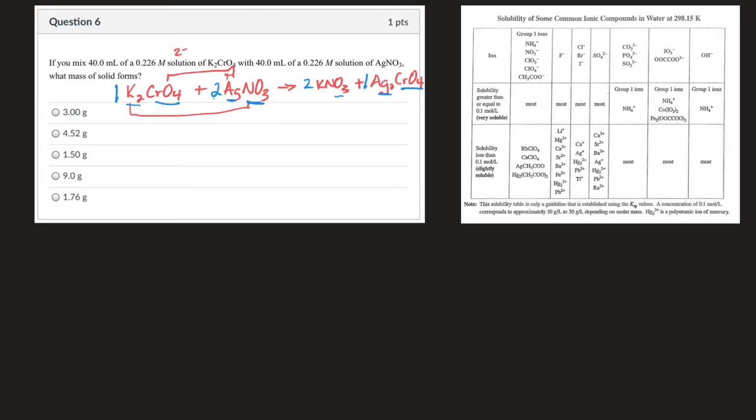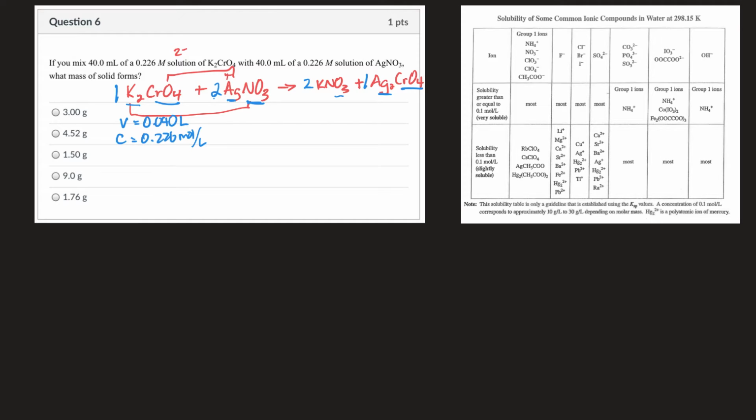Okay, so they say 40 mL of potassium chromate, so my volume here is 0.040 liters, and my concentration is 0.226 moles per liter.